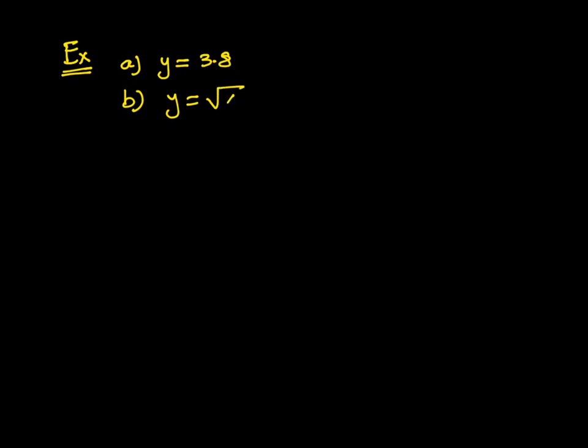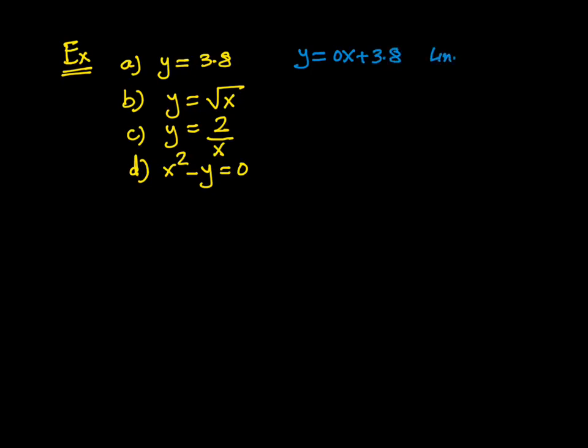So now the second example is asking you whether the equations that they give you are linear or not. So the first one, it can be written in the form y equal to mx plus b, so that's a linear function, right? The second one, it's a square root, which is not y equal to mx plus b, can't write in that form, so that's not a linear function.